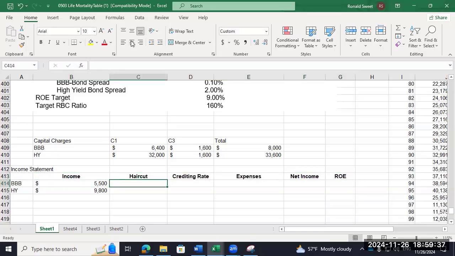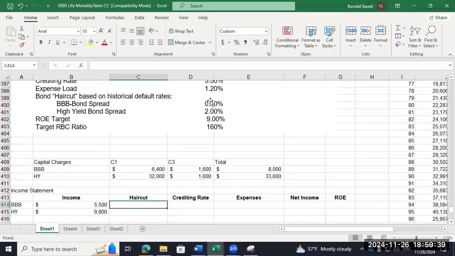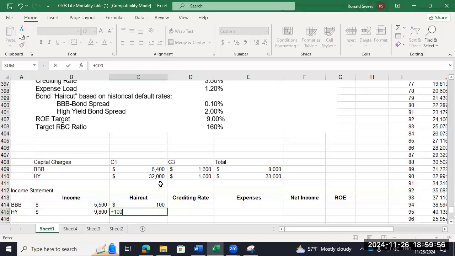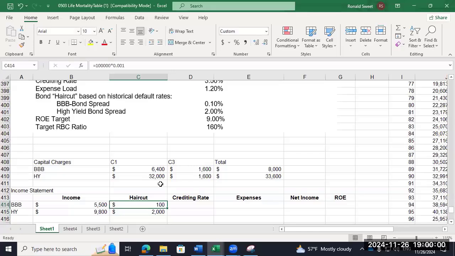The haircut is given right here, 0.1% for the triple B, 2% for the high yield. So you take 100,000 times, make sure you get the 0.1% typed correctly. It's 0.001. That's $100. And then for the high yield, it's 100,000, here it's 2%. So use 2%.